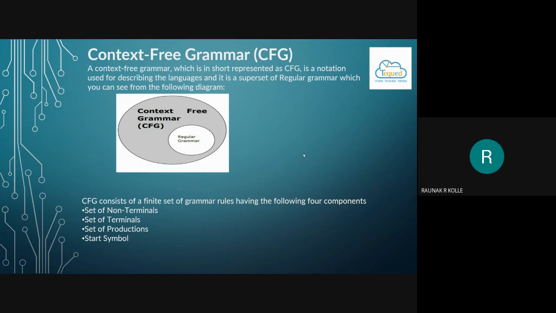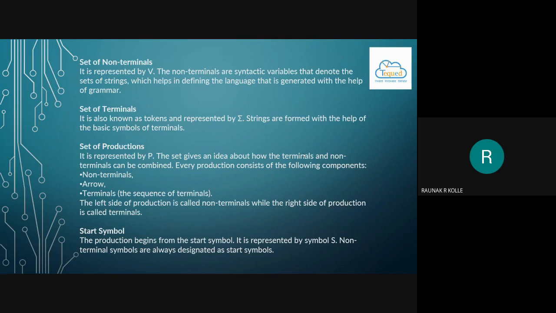Context-free grammar consists of a finite set of grammar rules, having the following four components: the set of non-terminals, the set of terminals, the set of productions, and the start symbol. Now let us look at each one of these in detail.